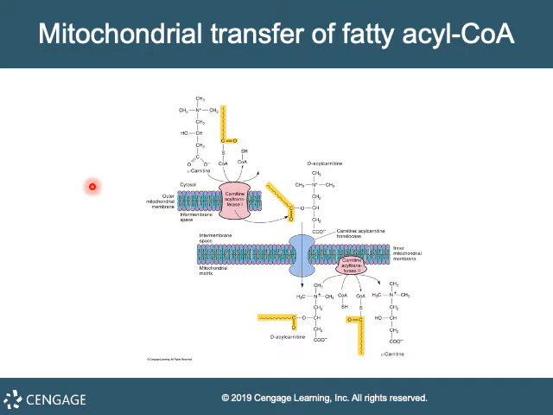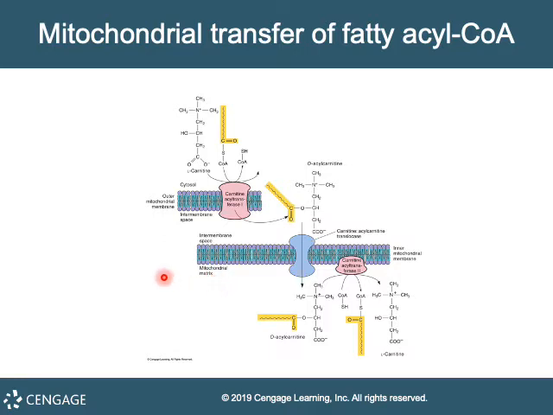This slide is of the mitochondrial transfer of fatty acyl-CoA. So after the mobilization, circulation, and uptake into the cells, the fatty acids must go through an activation step before being transported into the mitochondria. So you can see this diagram is the outer mitochondrial membrane, and then here is the inner mitochondrial matrix.